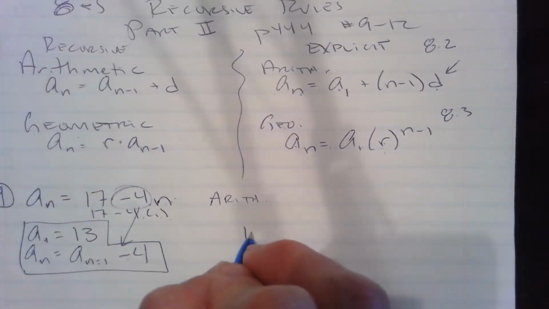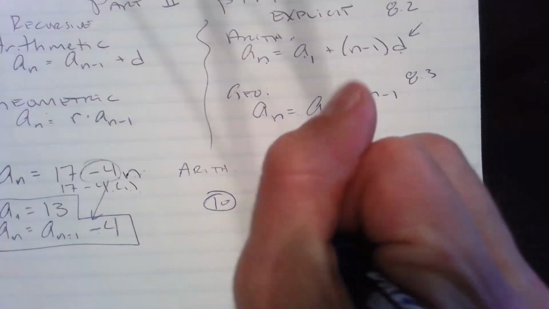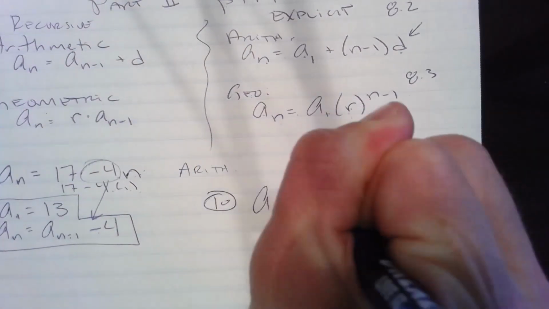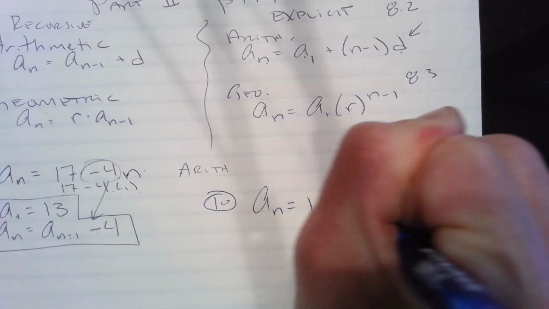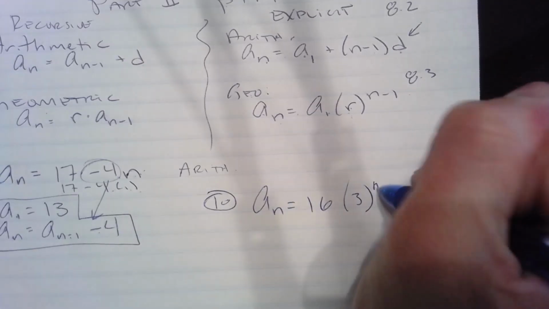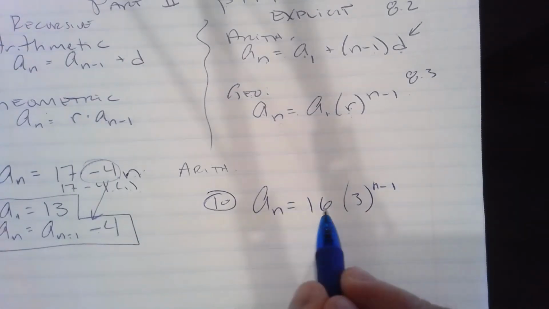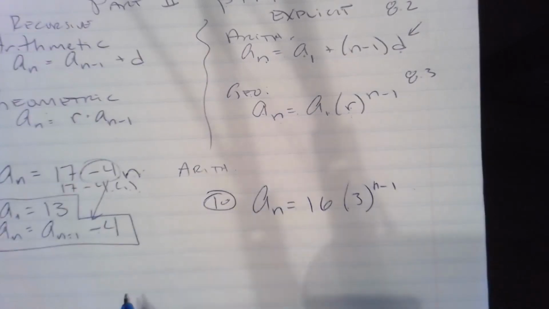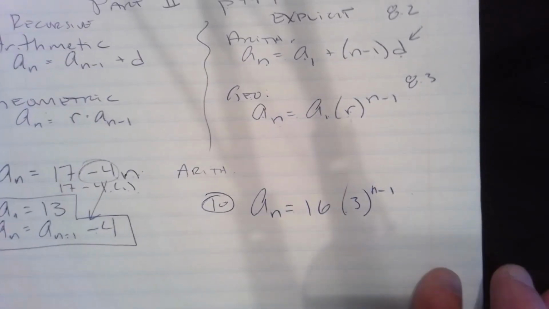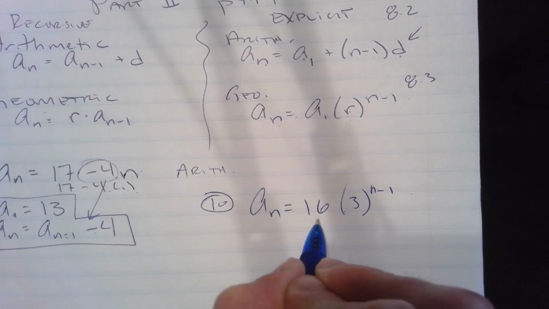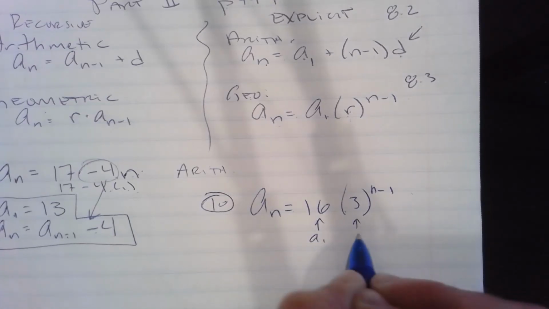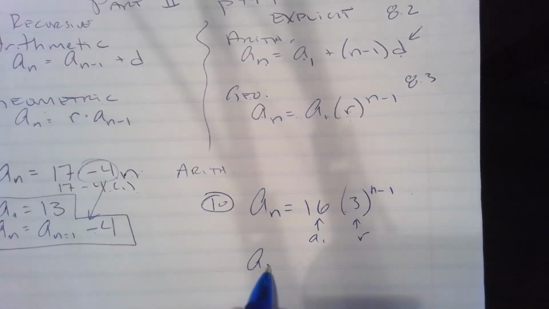Let's take a look at number 10. The explicit formula tells us that the nth term is 16 times 3 to the n minus 1. I know that this is a sub 1, and I know that this is my common ratio, so let's start out.